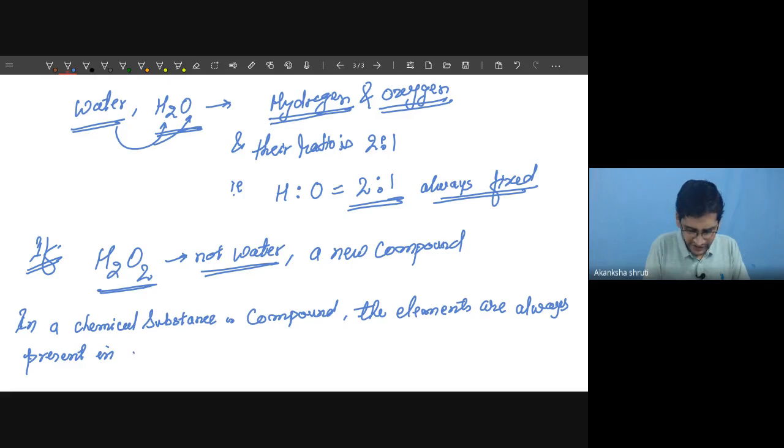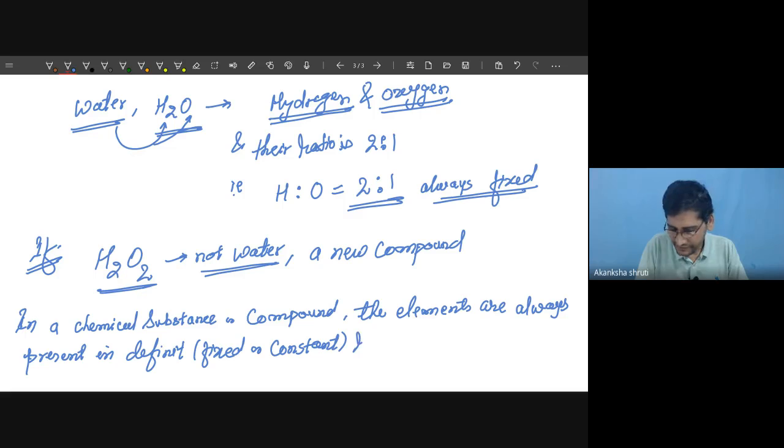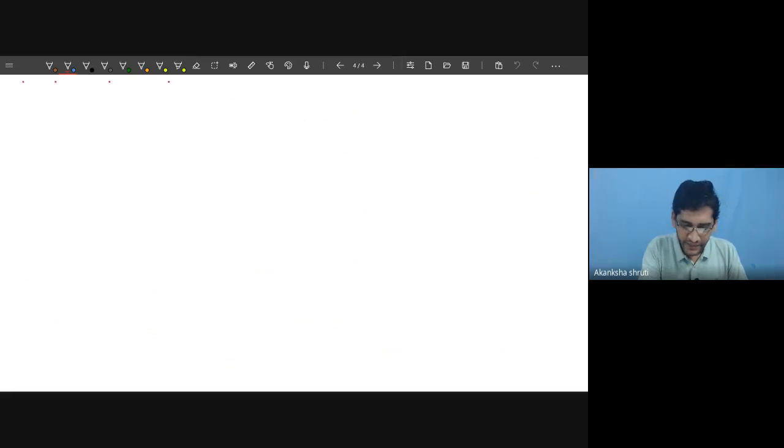Fixed, or we may use definite. Definite simply means fixed or constant ratios. So the term ratio is also called proportion. So this is the law. You may state it in these simple words, it is also okay, or you may write the complete statement like this.